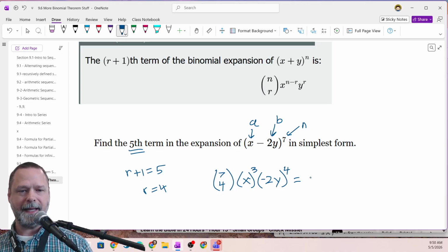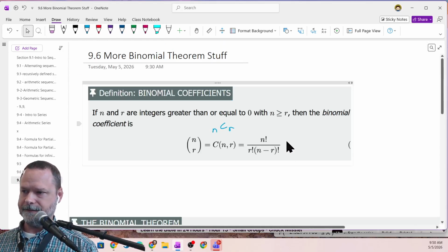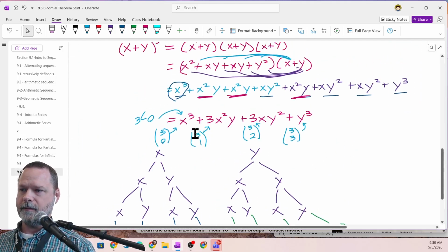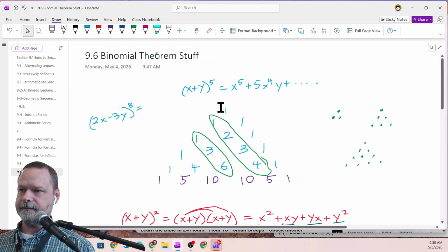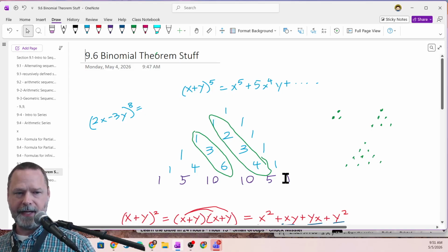But that's going to do it for this one. In the next video, we're going to investigate Pascal's triangle and see why Pascal's triangle actually gives us those same values as the combination notation.